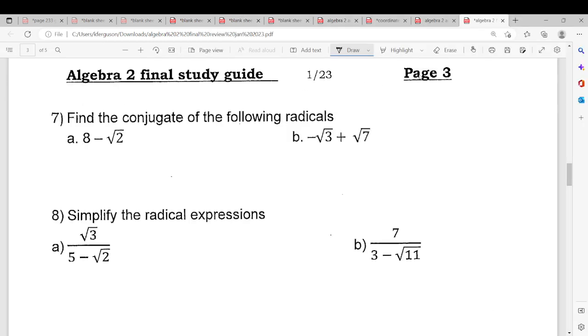Okay, so now we're looking at page 3. We're going to replace "find the conjugate of the following radicals" with "solve the radical expression."